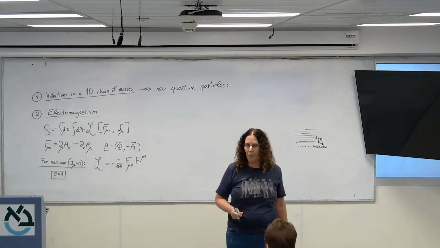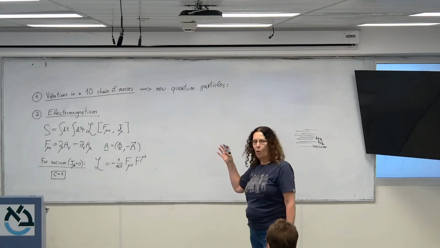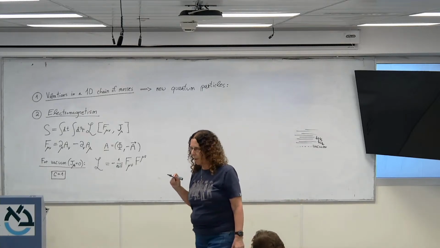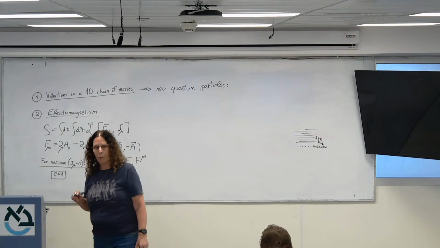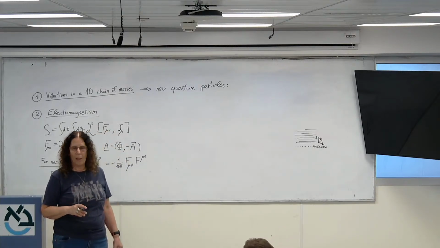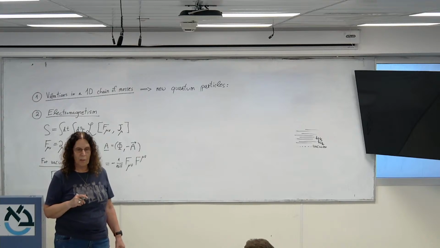Now, this F mu nu has various components with different derivatives in space-time, but we can write various forms of it that are sort of equivalent. In what sense are they equivalent? We know that one of the important symmetries of electromagnetism is a gauge transformation, right?